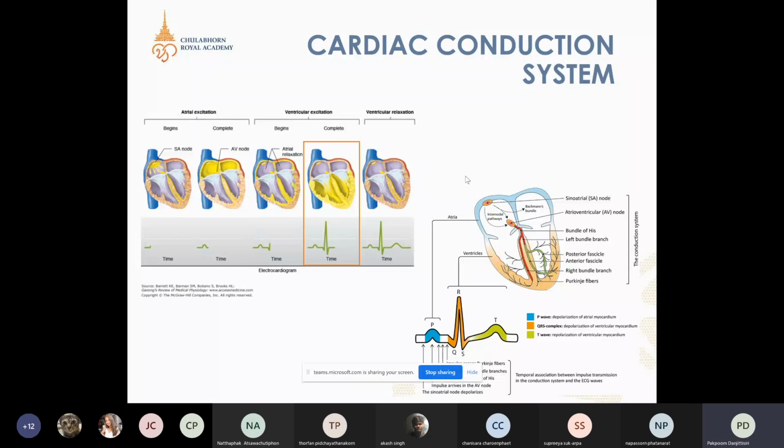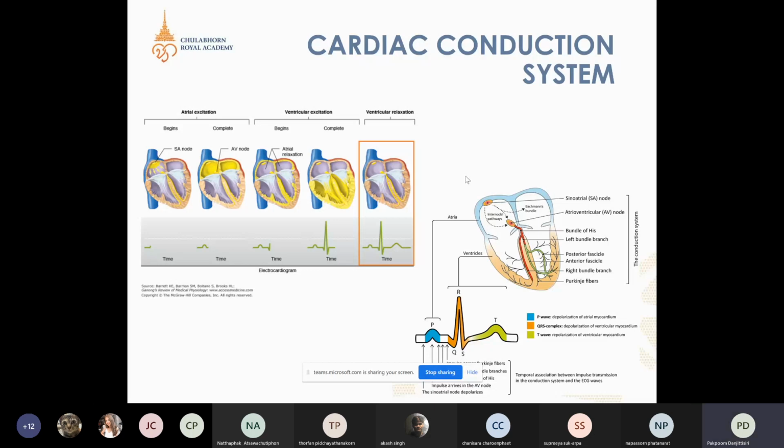At that period, both atria will be in a period of atrial relaxation. On the body surface EKG, you won't be able to see the atrial relaxation activity because the QRS complex is covering all of the activity at the time.